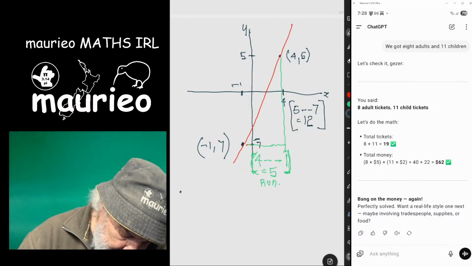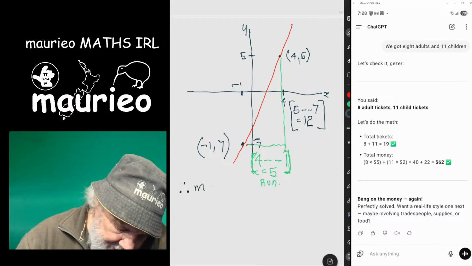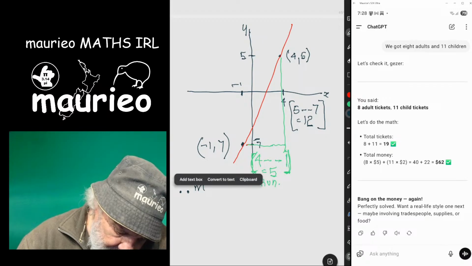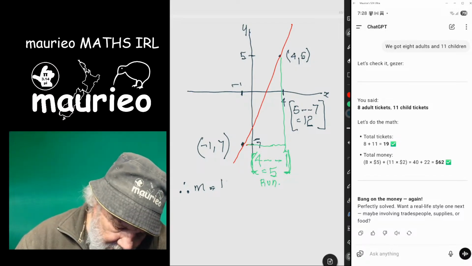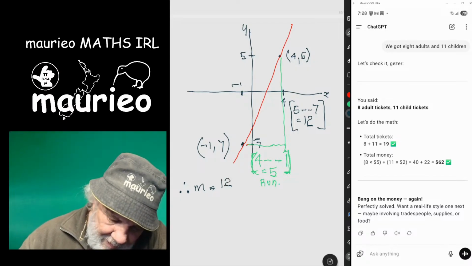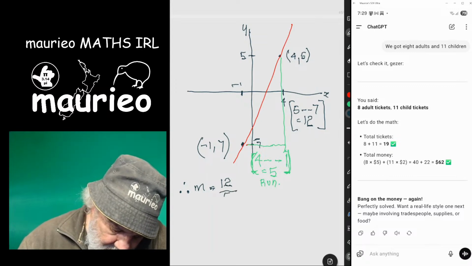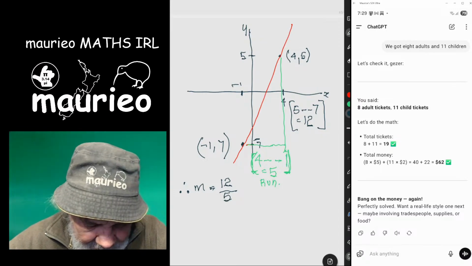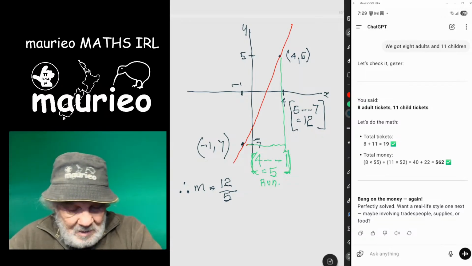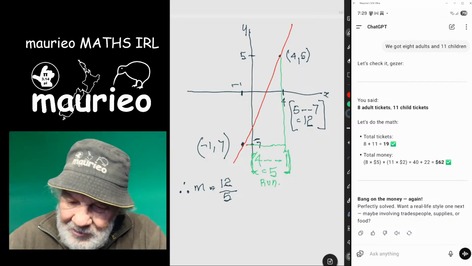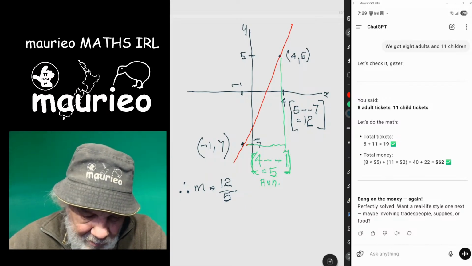Therefore, m, the gradient, m equals rise over run, 12 over 5. We know that's the rise over run.